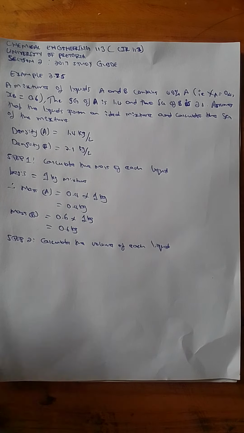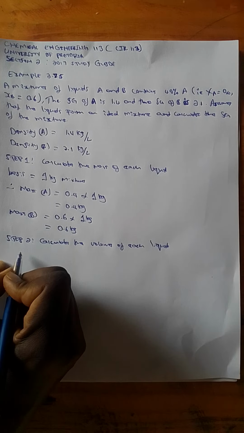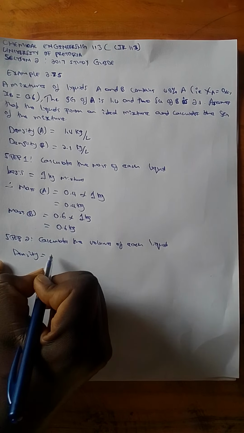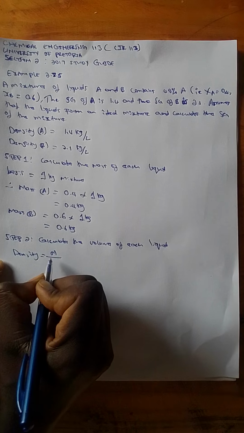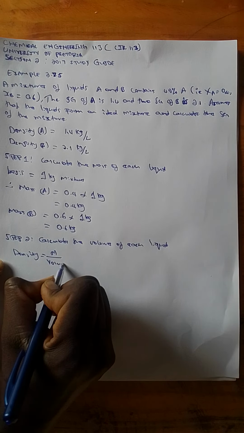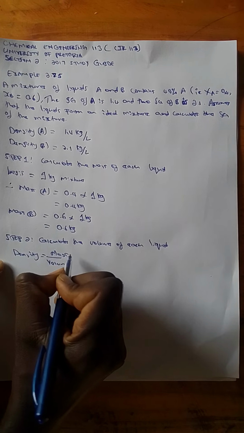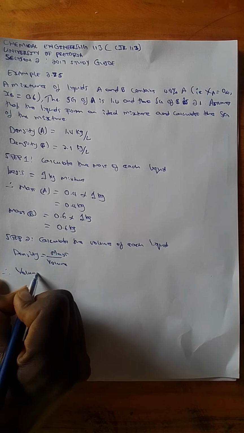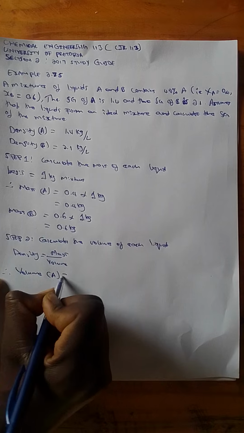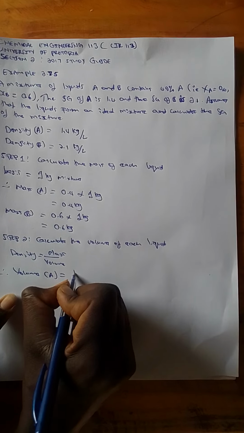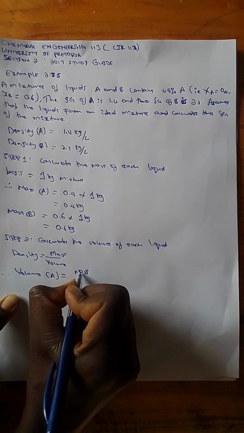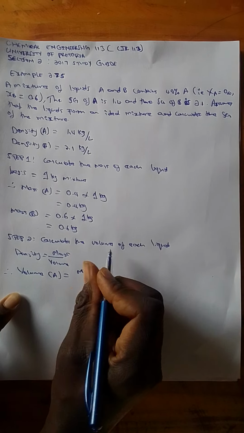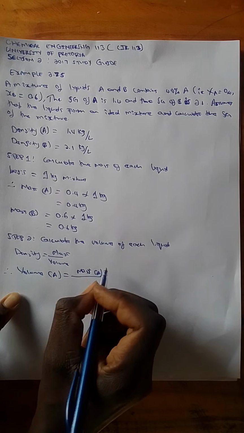Now we know that density is equal to mass over volume, right? Now we can say that the volume of A is equal to, just some simple and very known rearrangement arithmetic from high school mathematics.